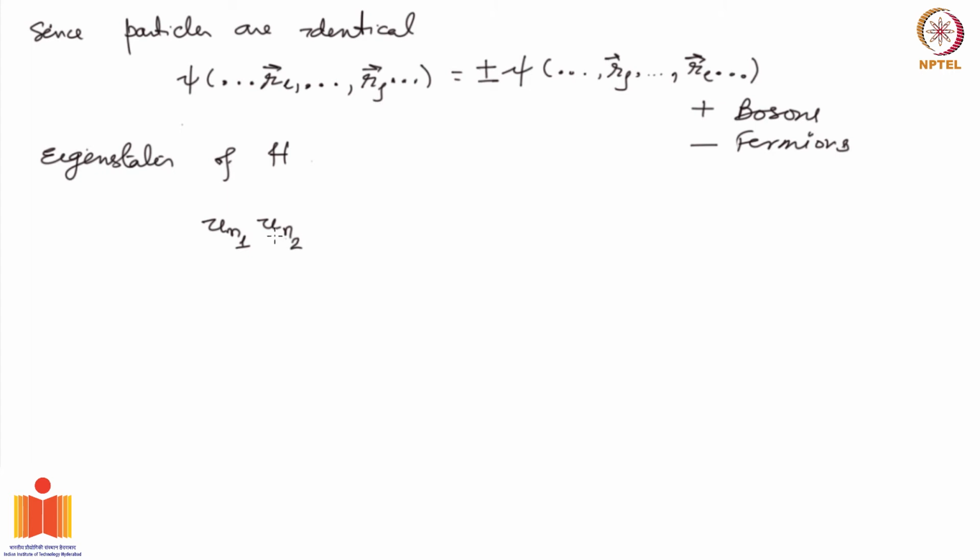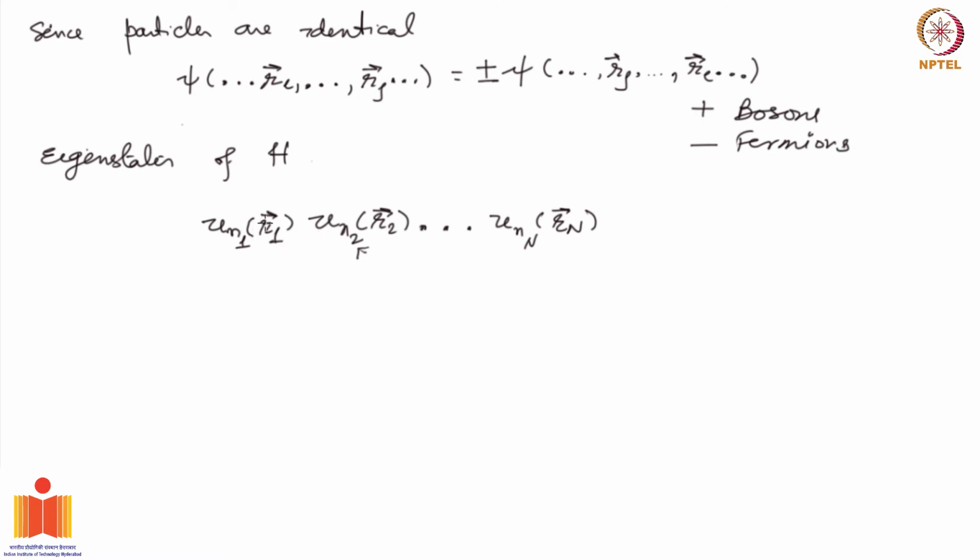Let me also indicate that these depend on the coordinates. I can suppress r1, r2 because it's clear that this is for the second particle. But anyhow, u n subscript n, r n. The eigenstates of the full theory will be the product of the eigenfunctions of individual particles.